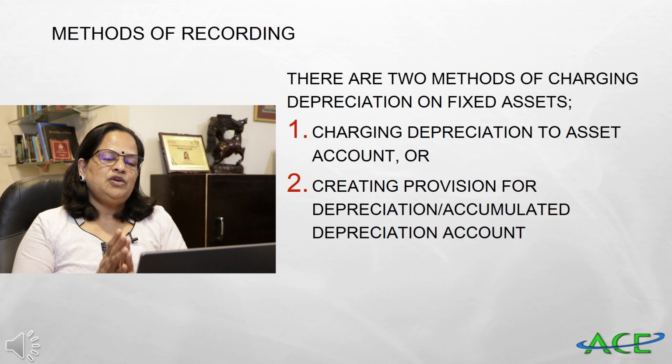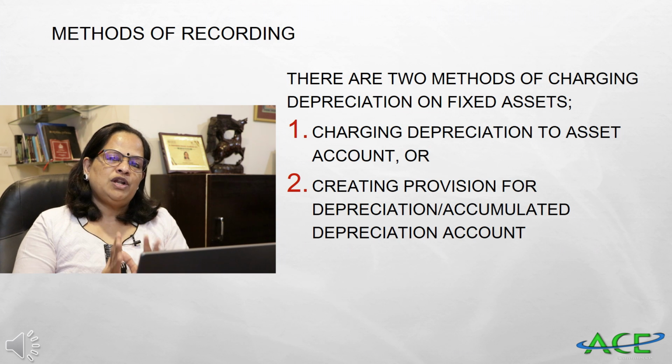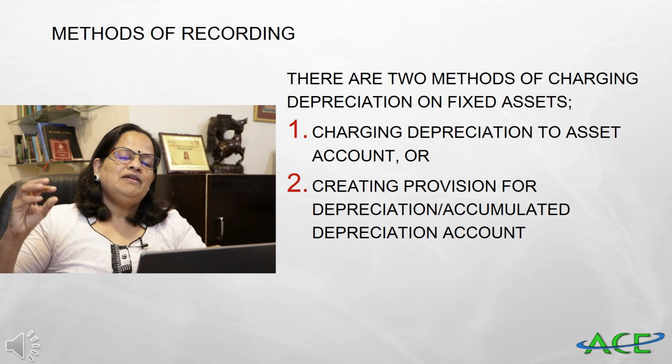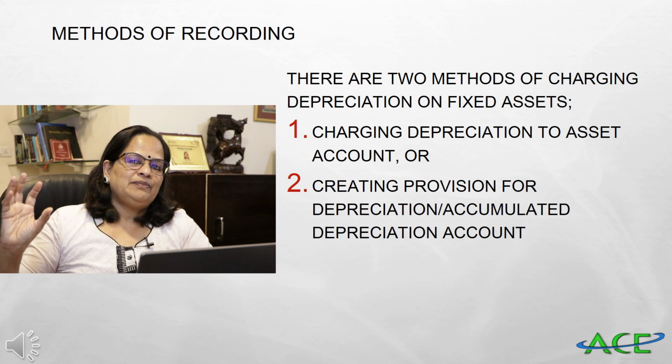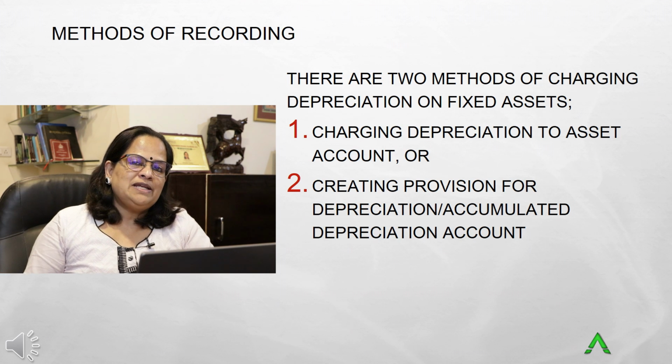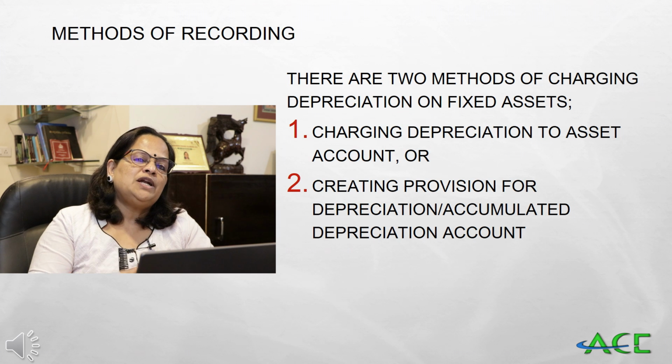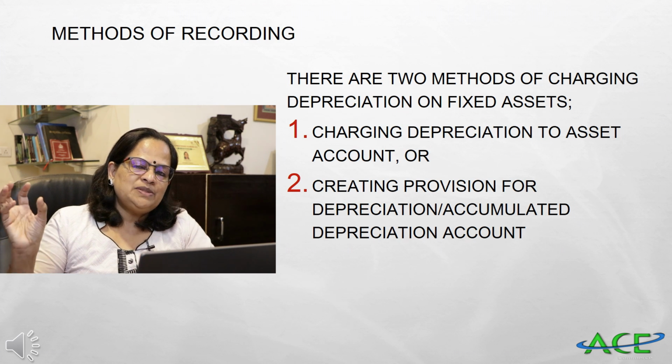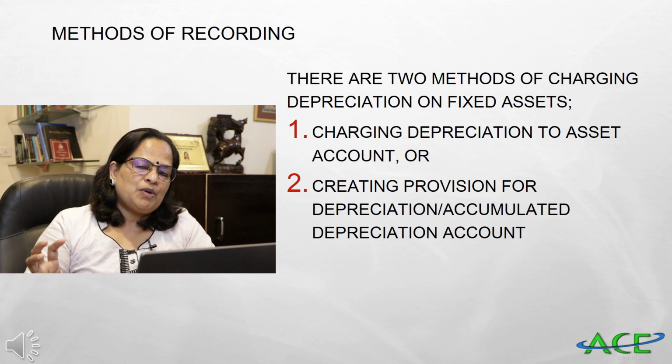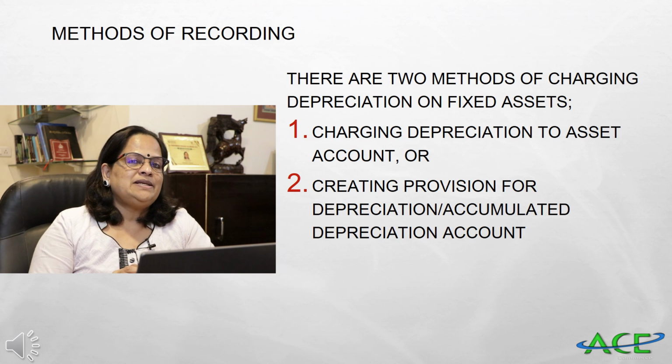Provision means that every year whatever depreciation we provide will be invested outside. So that depreciation value will get accumulated and asset value will continue to appear at the historical cost or the original cost. This provision for depreciation will provide funds for replacing the asset after the useful life of the asset. So these two methods are totally different.